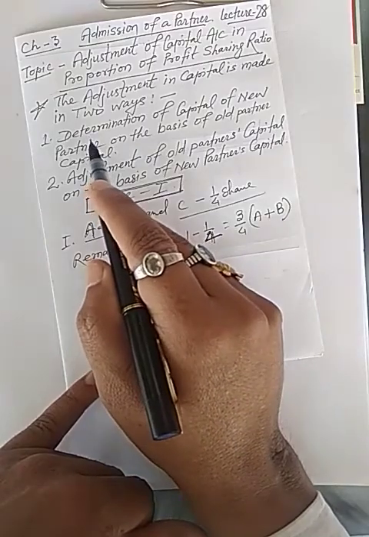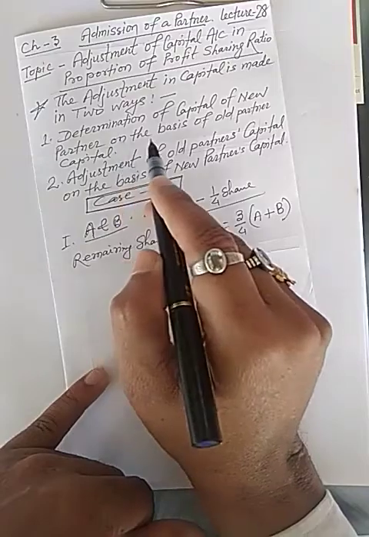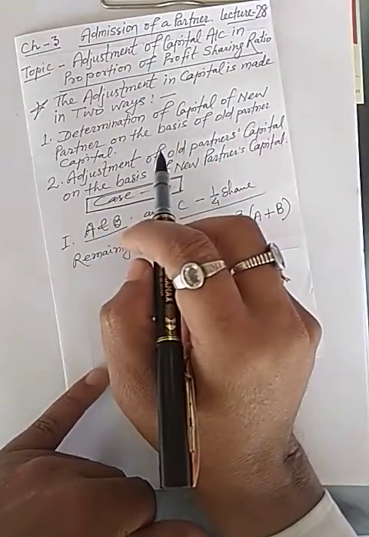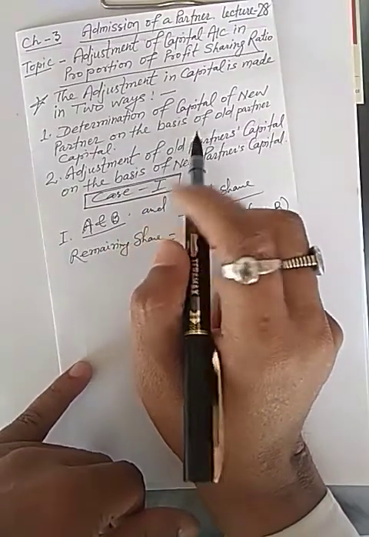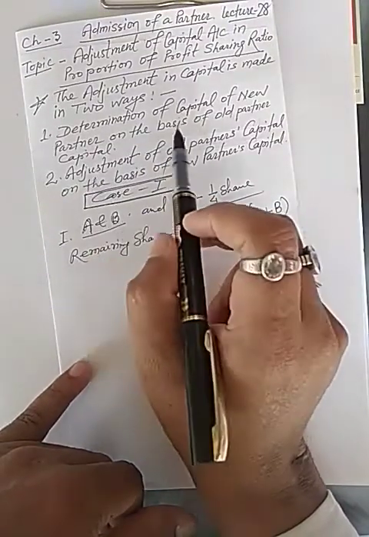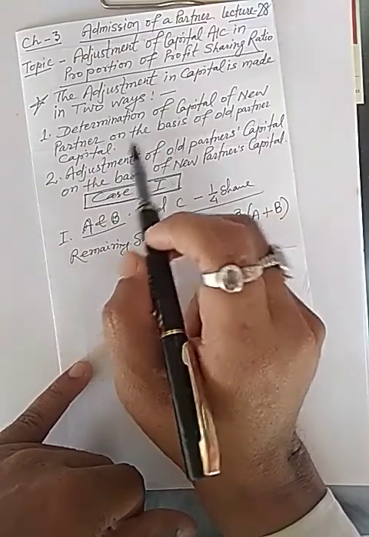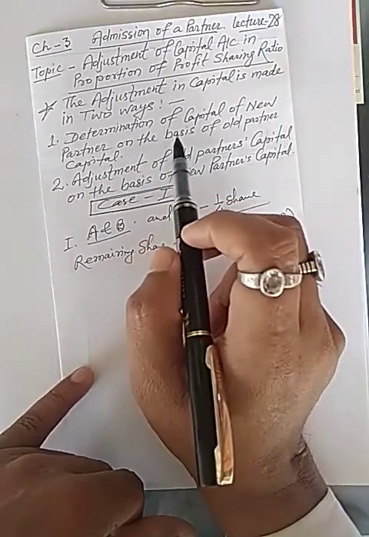First case says determination of capital of new partner on the basis of old partner capital. So first I have to calculate old partner capital, and then I will calculate new partner capital.